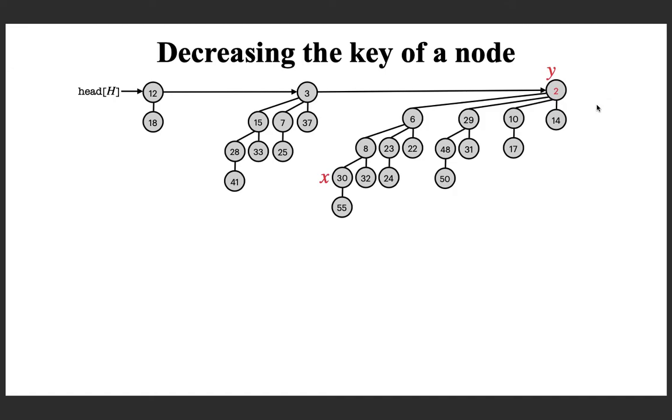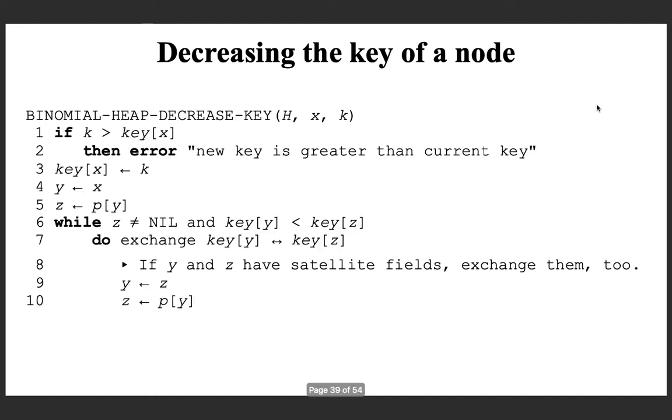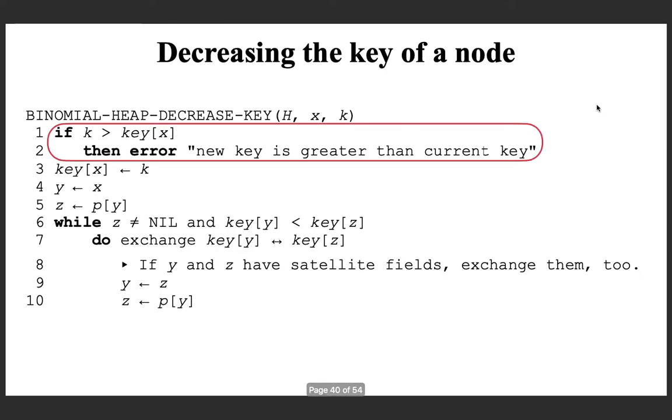So if you recall what we did, we can write it as a procedure, and I am just copying that procedure from the textbook, and we can see what it is doing. You want to decrease the value of node x to the new value k. It checks whether the new value is greater than the existing value. Then it is not a decreasing operation, it's an increasing operation.